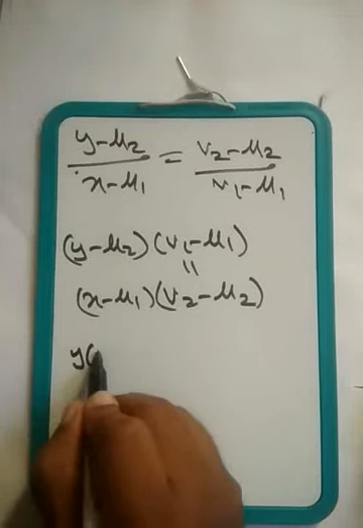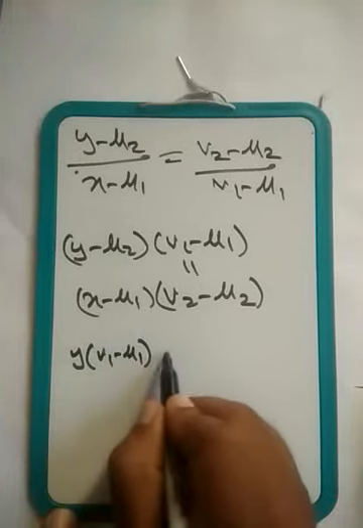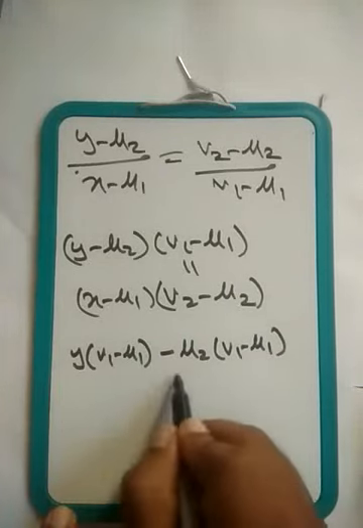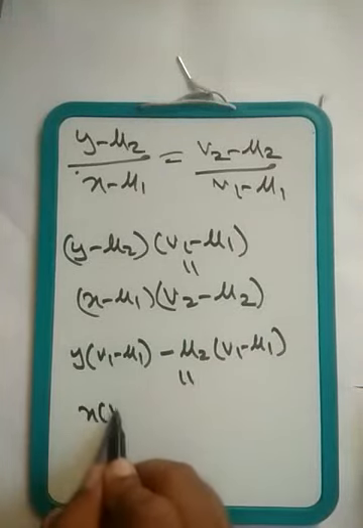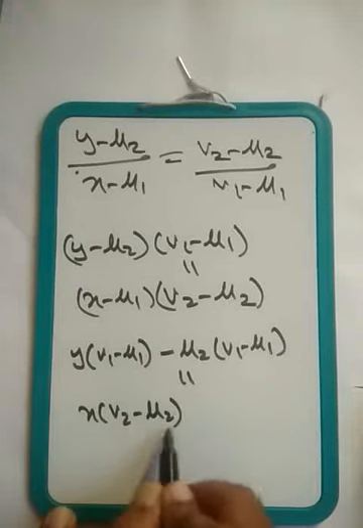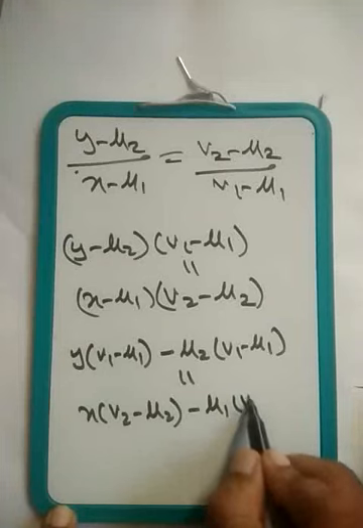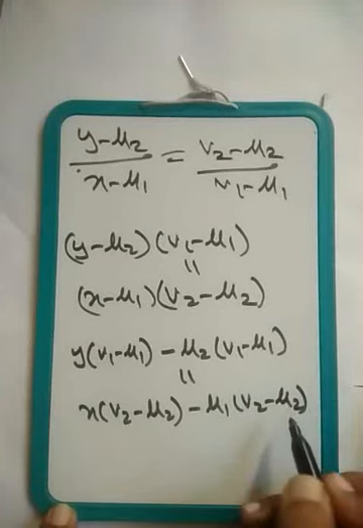So y into v1 minus u1 is the same thing as x into v2 minus u2 minus u1 into v2 minus u2.